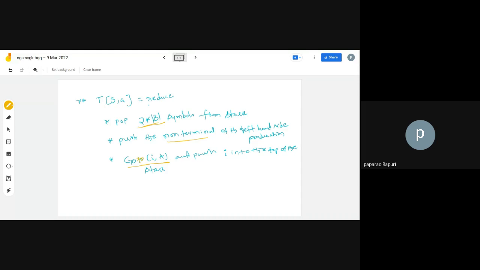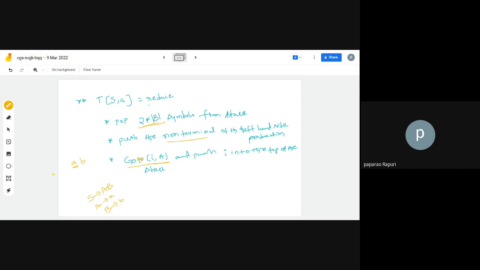In previous classes we saw many problems. Suppose there is a grammar, S derives AB, A derives small a, B derives small b.